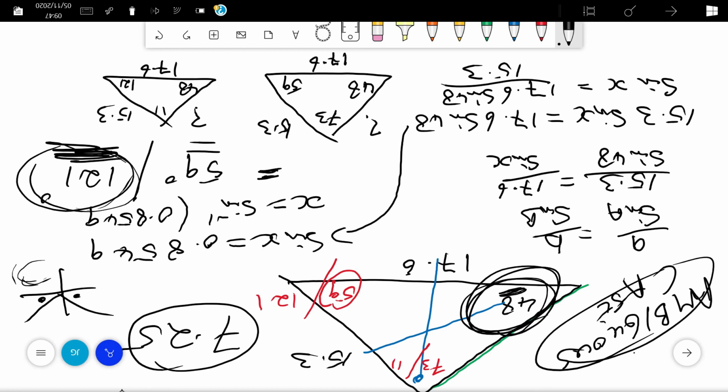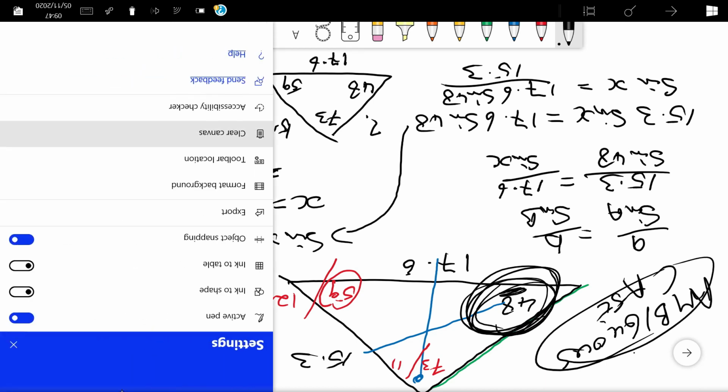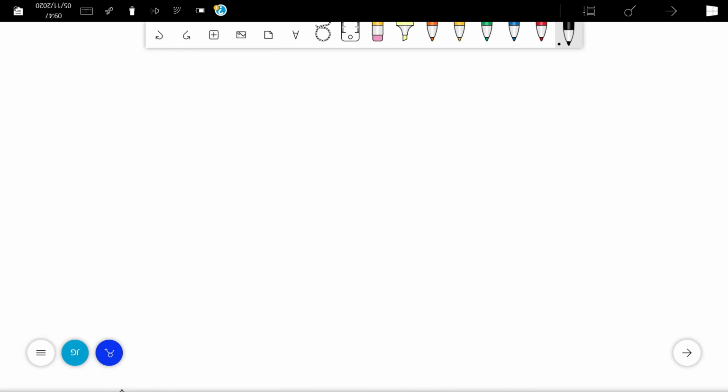Here's something else. There's a port, P. Now watch this one. A ship sails 30 degrees north of east.